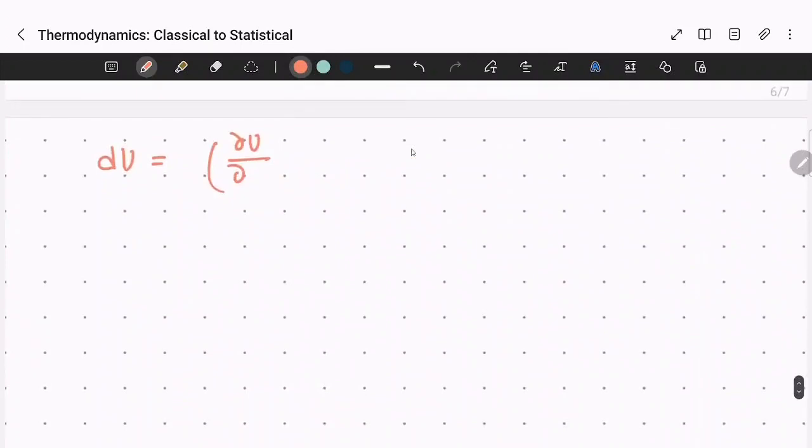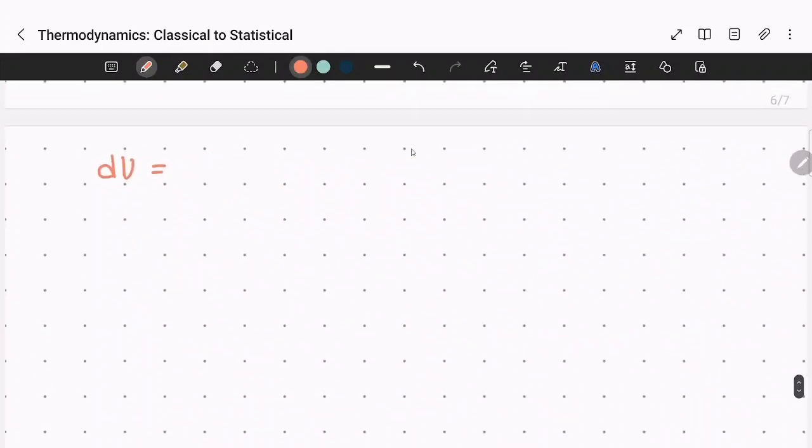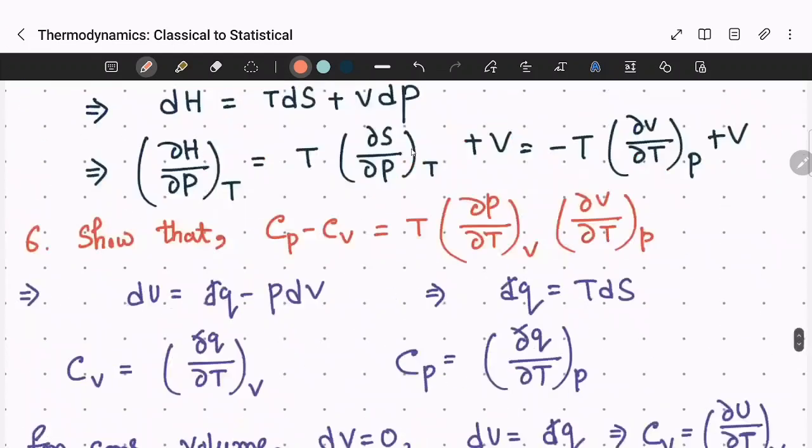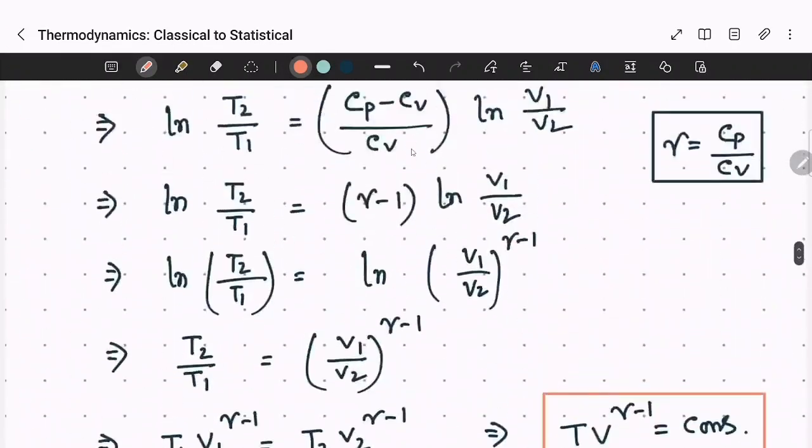So Cv dT plus (∂U/∂V) at constant T dV. Let me check again if it is correct or not.